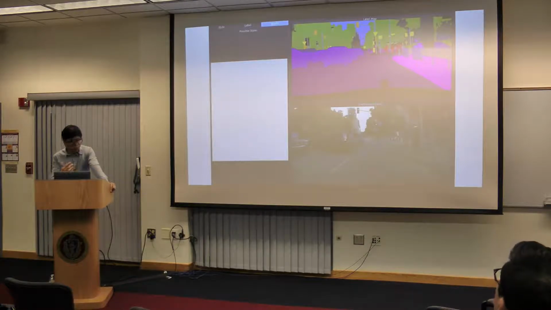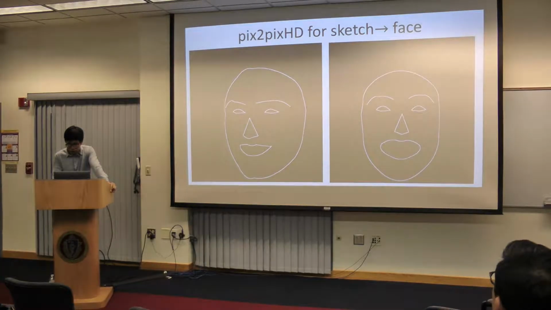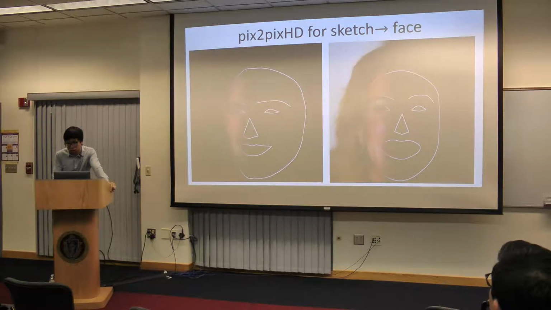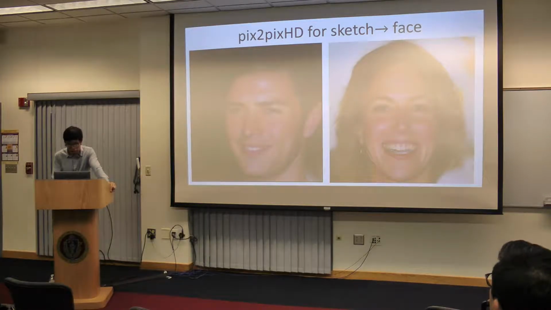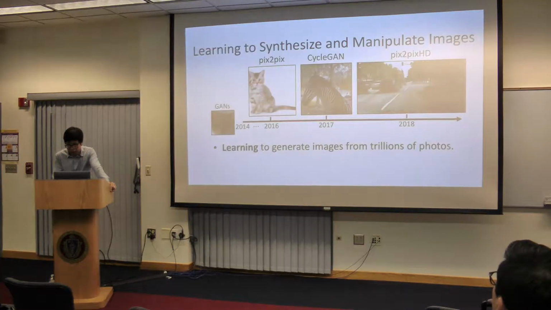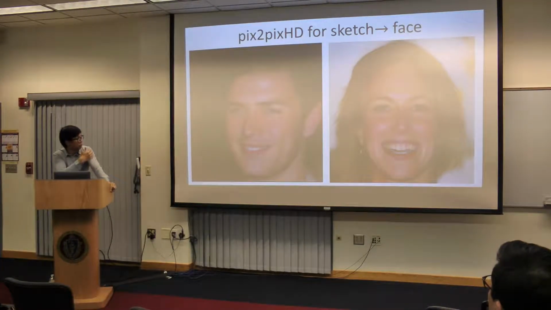You can add some trees just by painting some tree strokes. In addition to street images, Pix2Pix HD can also produce high-res faces given rough sketches. So here are the face images generated by this model. Again, you can also change the attributes of the faces.